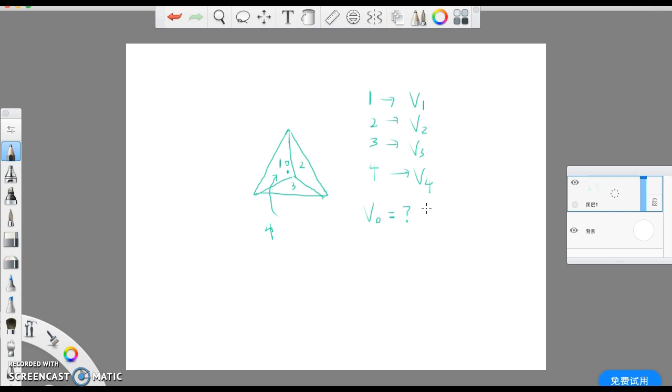This question is easy once you know the method, and it's hard if you don't.